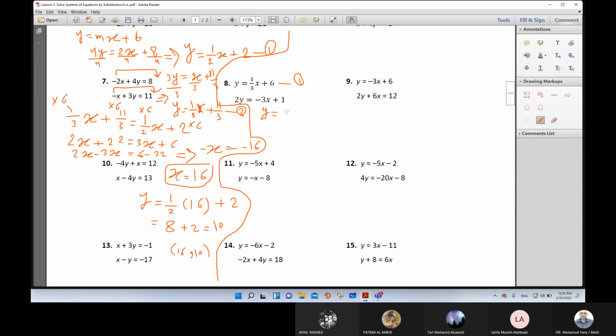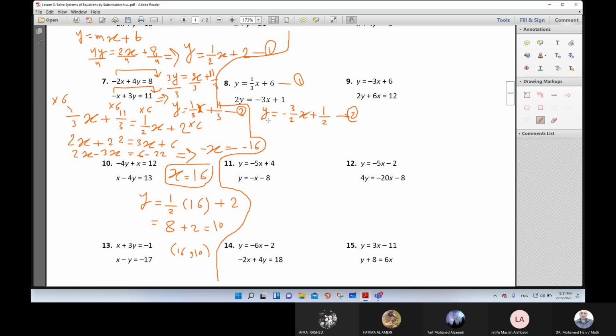And negative 3x divided by 2 will be negative 3 over 2 x. And here 1 over 2. This is the second equation.